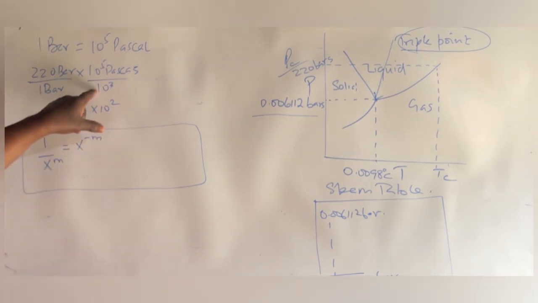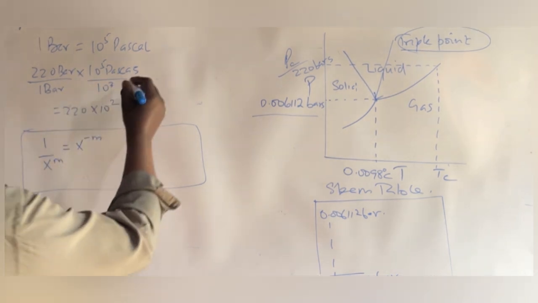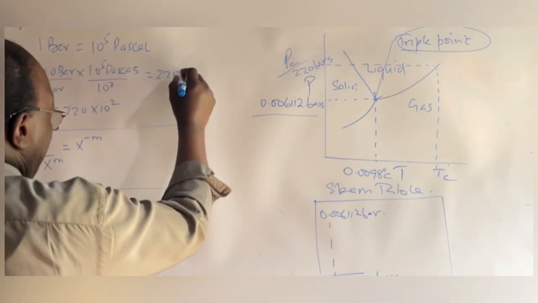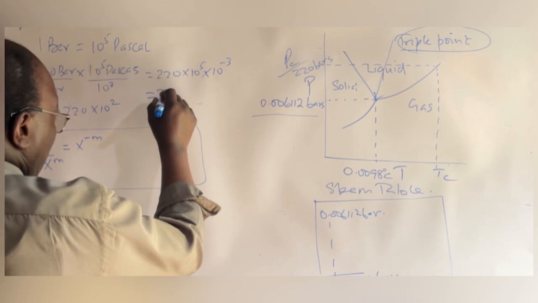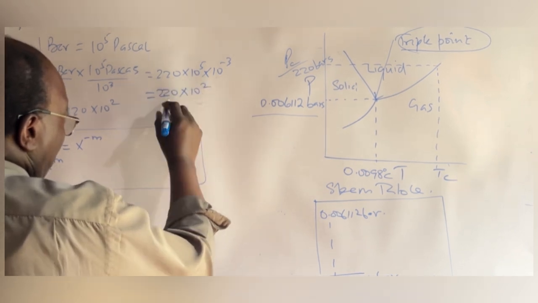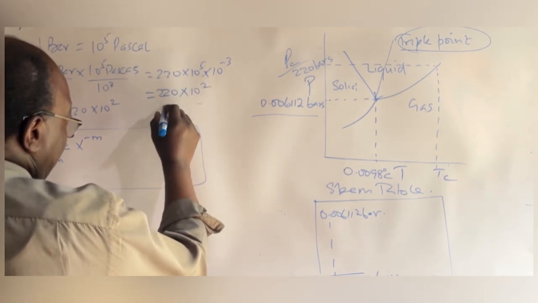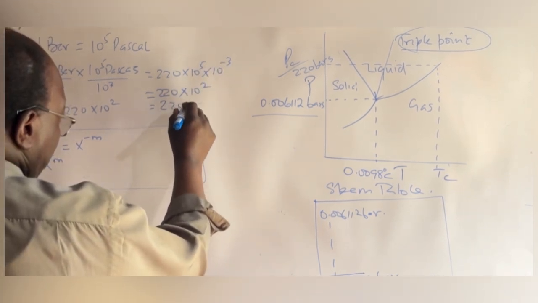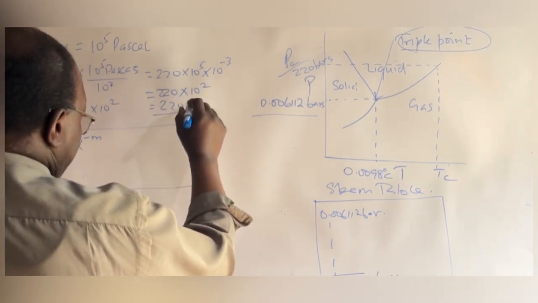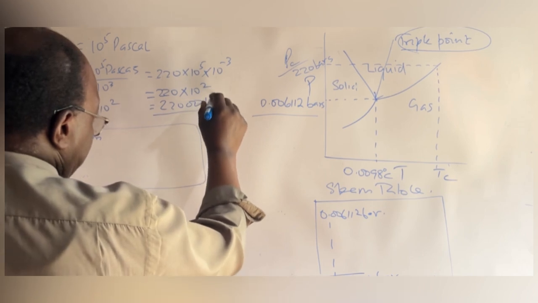So I will have 220 times 10 to the power 5 times 10 to the power minus 3. That becomes 220 times 10 to the power 2, and that is 22,000 kilopascals.